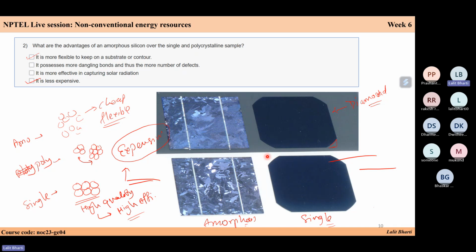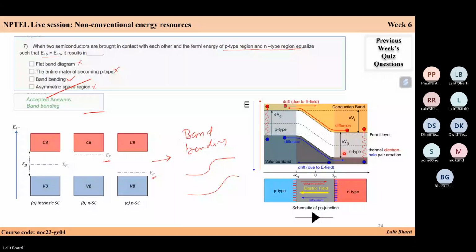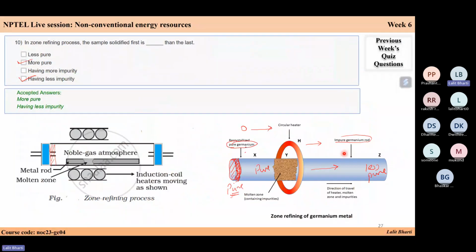The reason behind this structure is the manufacturing process. As you saw, how your single crystalline silicon was grown, we already saw that different manufacturing processes were used, either the float zone process or other processes.